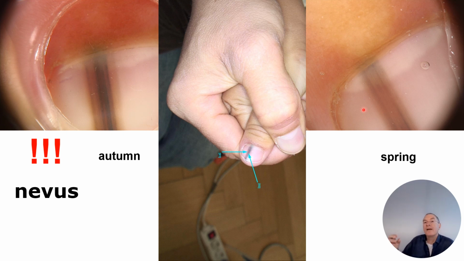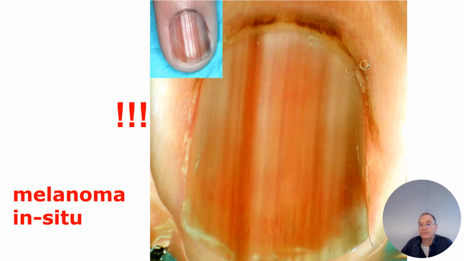So you see that there is always a possibility of such an influence on congenital nevi located subungual or in the matrix of the nail. This is very important to know when we check these lesions. So a benign congenital nevus.